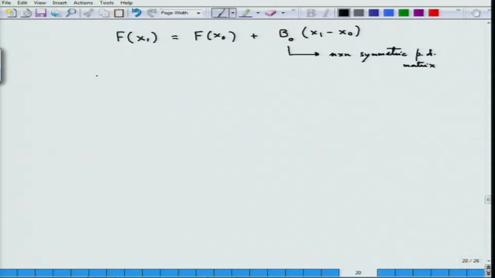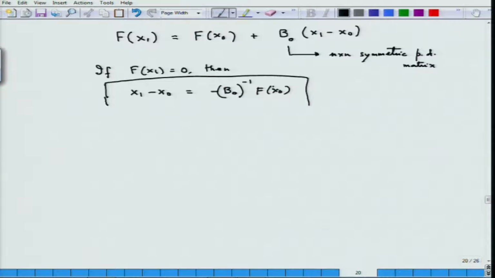Now, I can write, suppose f(x1) is equal to 0, then I can write x1 minus x naught equals minus b naught inverse f here. So, this is a very good scheme, a quasi-Newton scheme for equation solving.